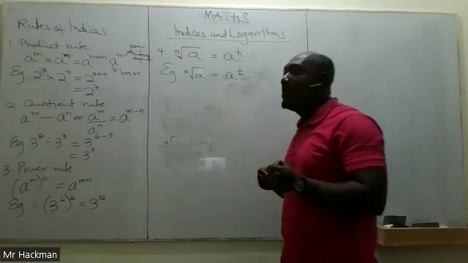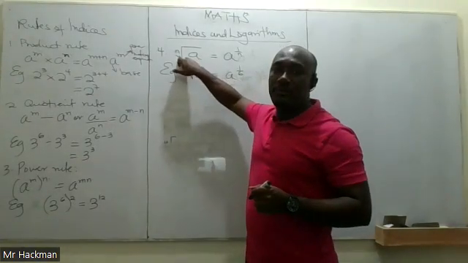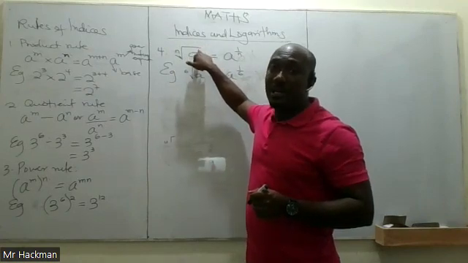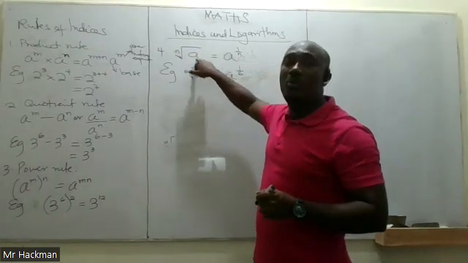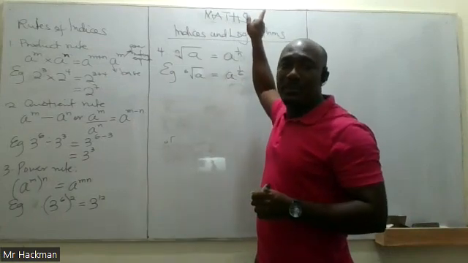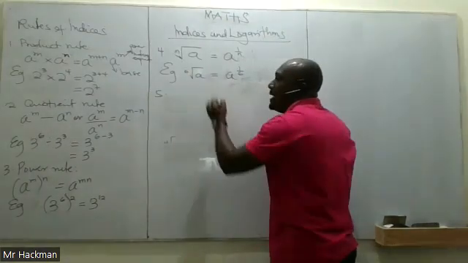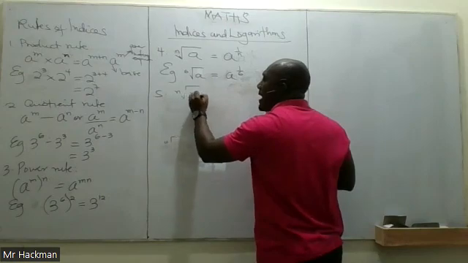Okay, so you can see that with this one, the number you were taking the nth root of had no index. In fact, it has a power, only that the power is 1. Now I'm going to look at a situation where this a will have an index and you still have to take the nth root of it. That is rule 5: the nth root of a to the power m.